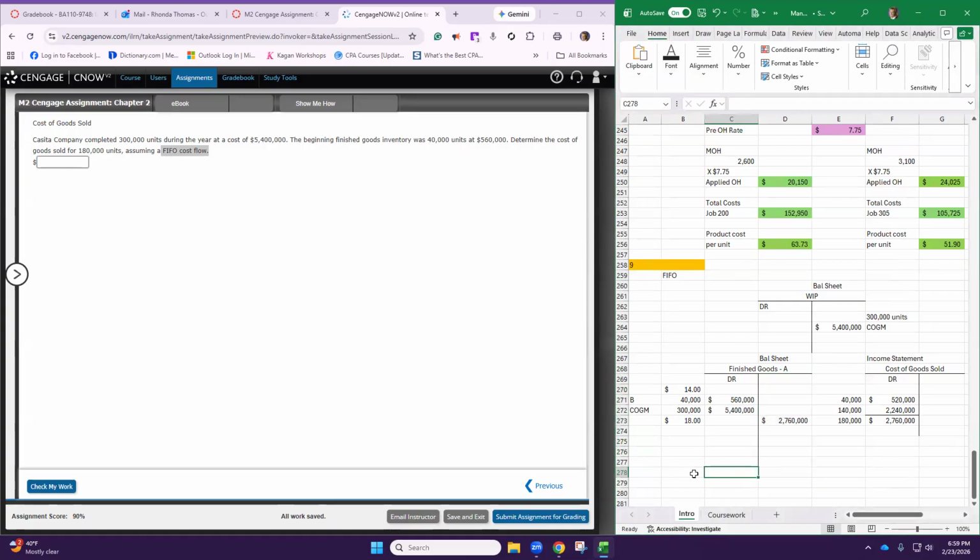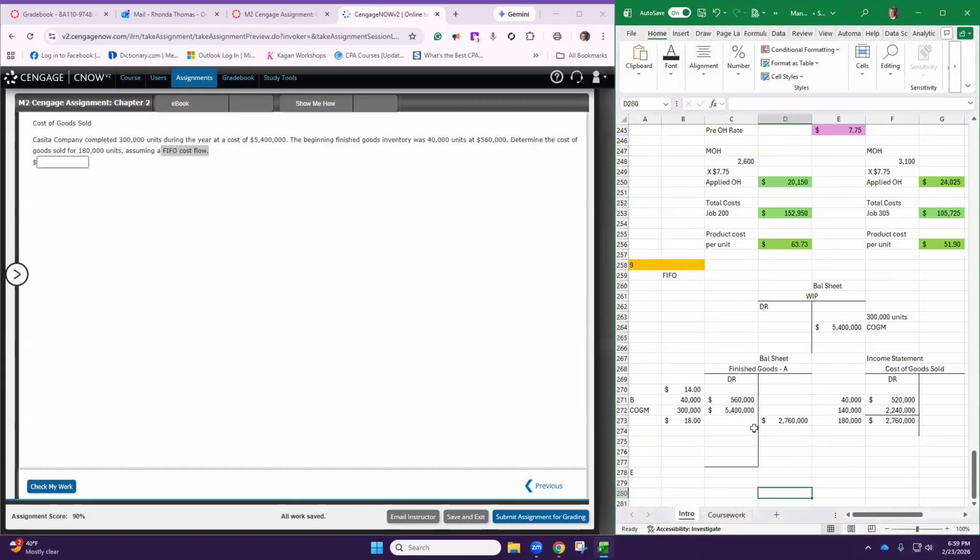Then we're going to have an ending balance down here. E is for ending. Don't worry, we're going to get to the cost of goods sold, I promise.